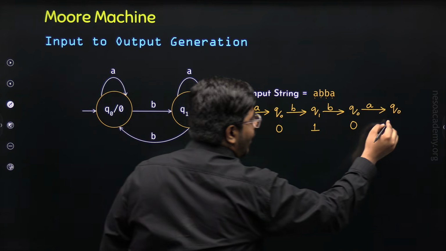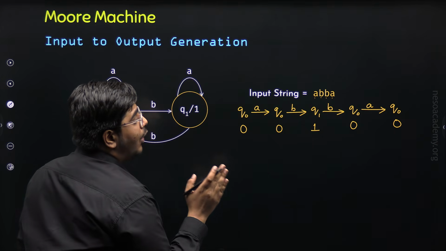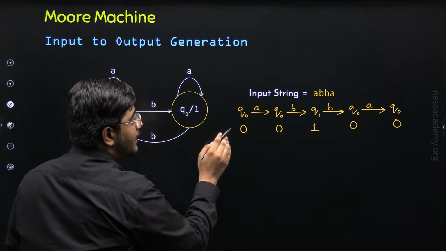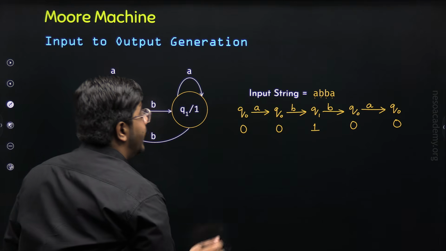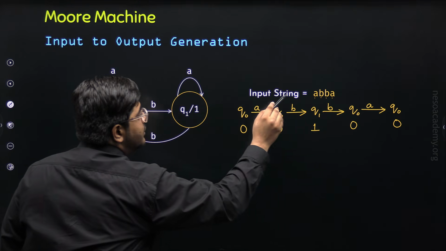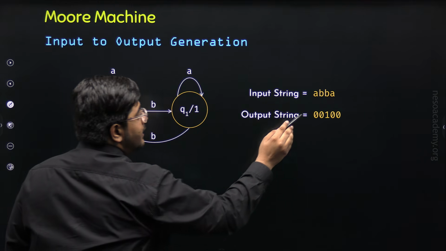So we will write the output symbol 0. Finally, we are getting the output sequence as 0, 0, 1, 0, 0. So in case of Moore machine, for the input string A, B, B, A, the output sequence is 0, 0, 1, 0, 0.